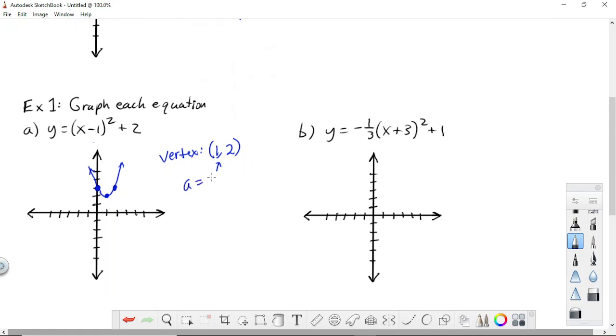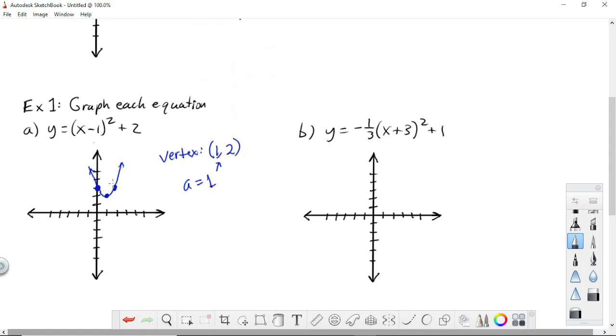I'll write down here A equals 1. So the next one, what's the vertex here? Oh, I left off one detail. Which way does this open?